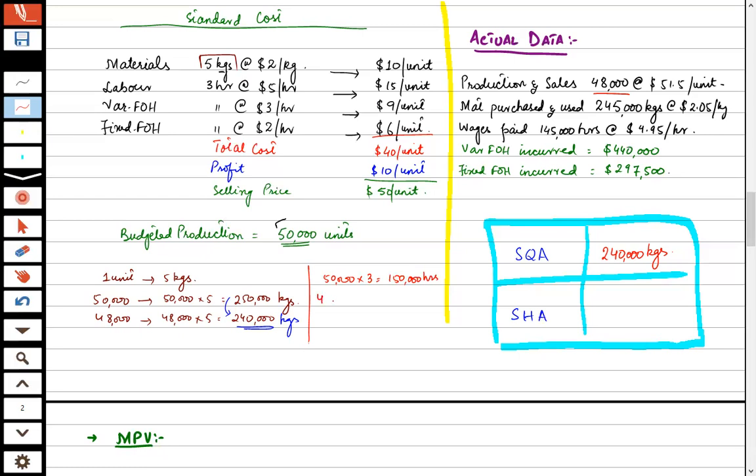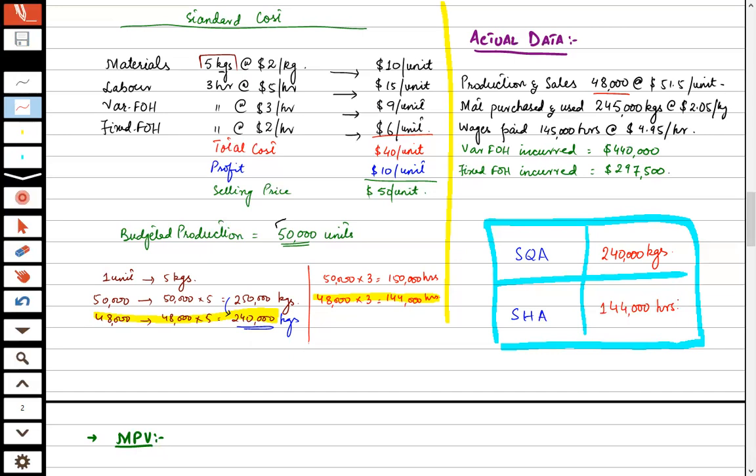But since we have produced just 48,000 units, we will prorate it on that basis, and 48,000 into 3 works out to 144,000 hours. So our standard hours allowed would be 144,000 and our standard quantity allowed would be 240,000. So we will write standard hours allowed as 144,000 hours. Clear?